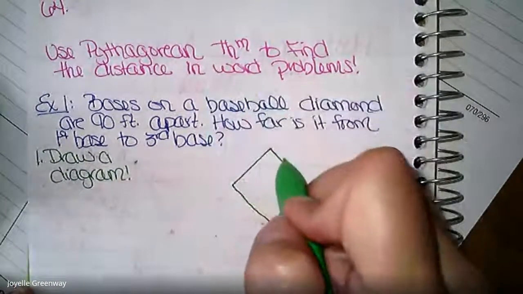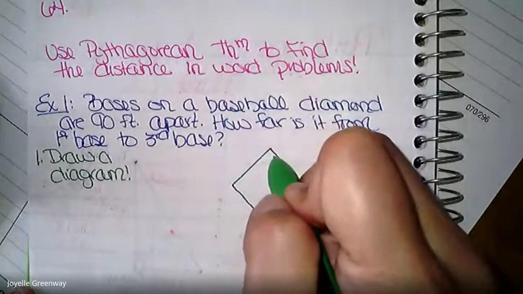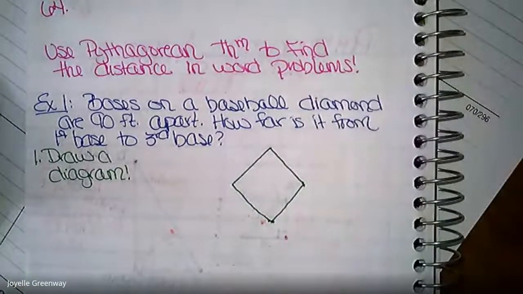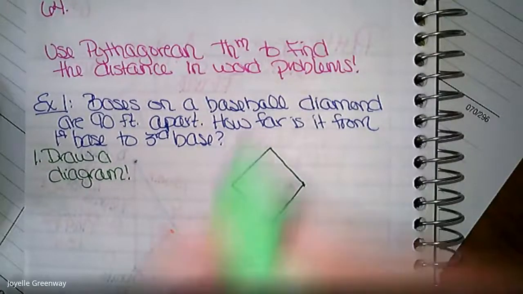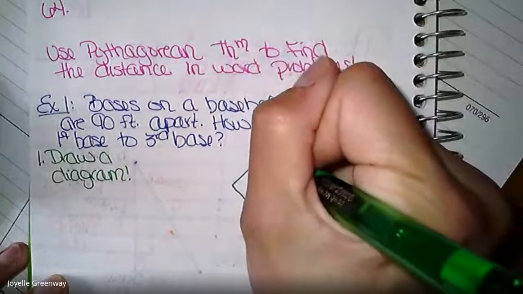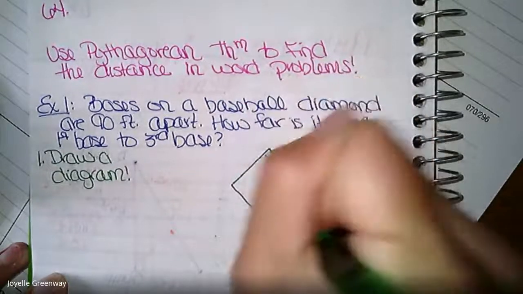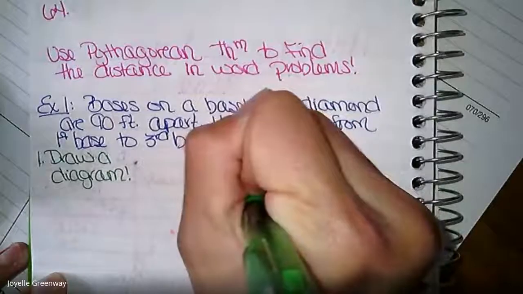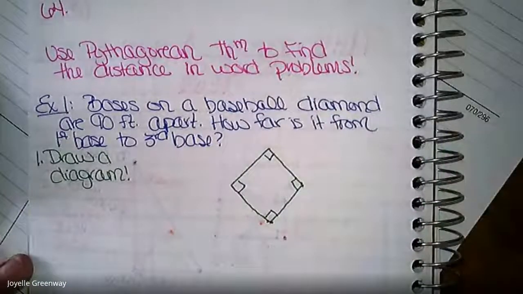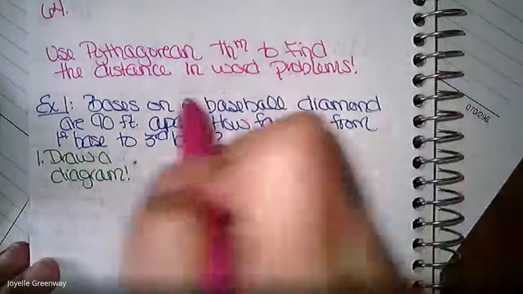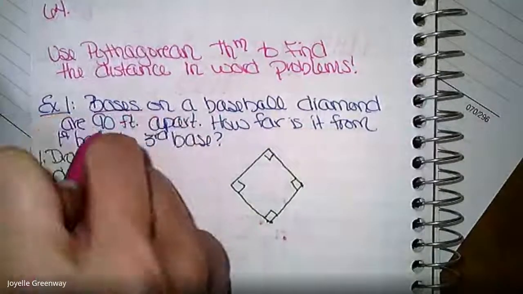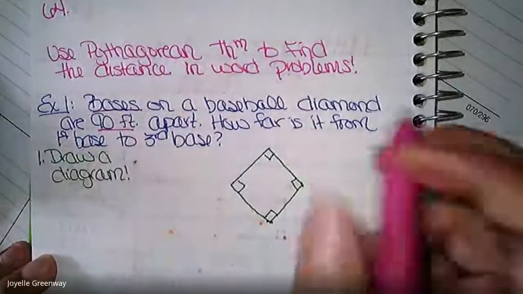Okay. And so a diamond is like a square, it can be like a square, just turned, right? So all of these angles here are 90 degrees in a diamond. And what we're told is that the bases are all 90 feet apart.